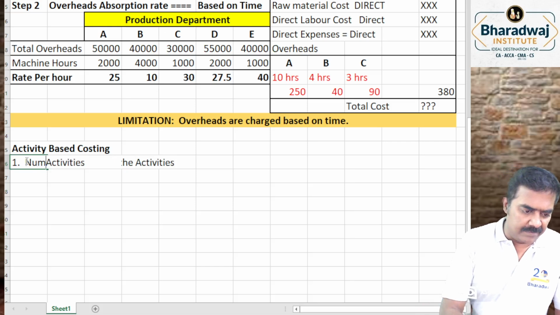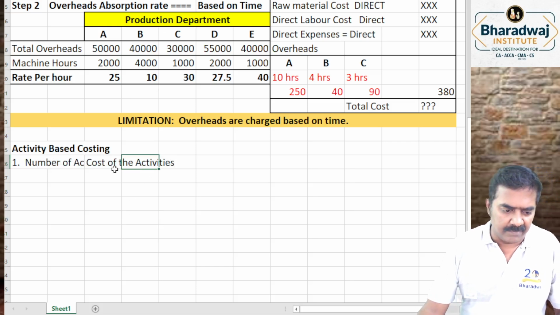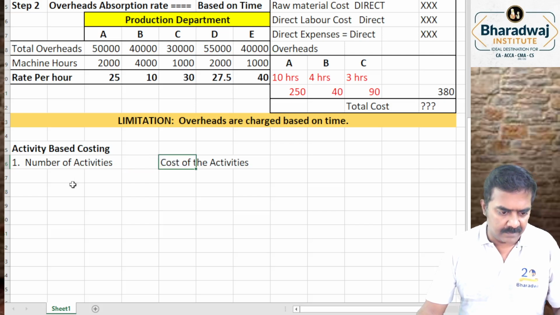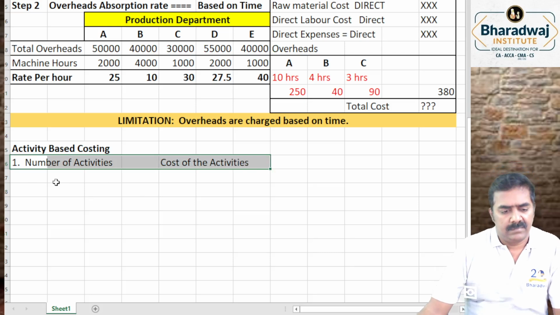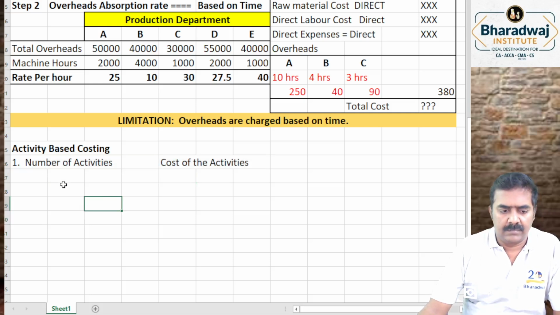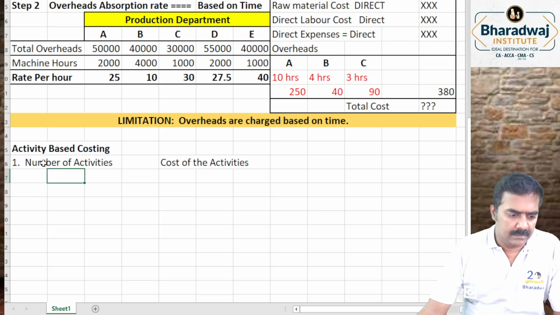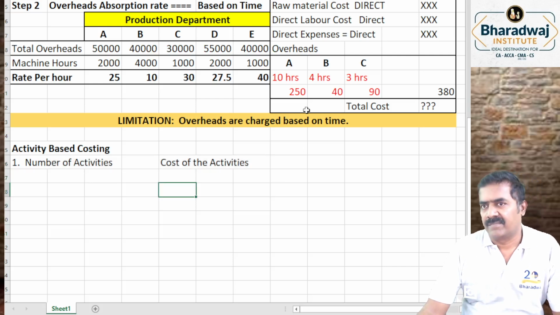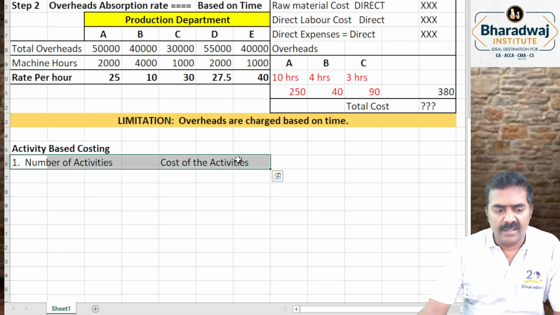We require information about the number of activities and the cost of such activities. Only when this data is available can you go with activity-based costing. Directly, you cannot apply activity-based costing.